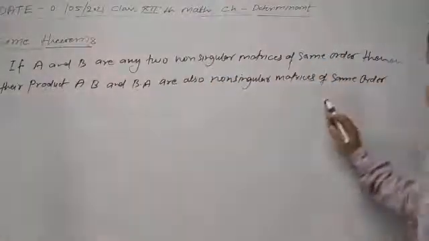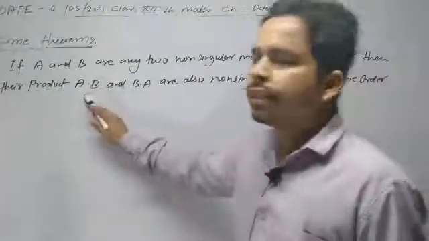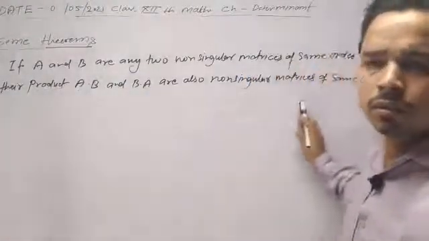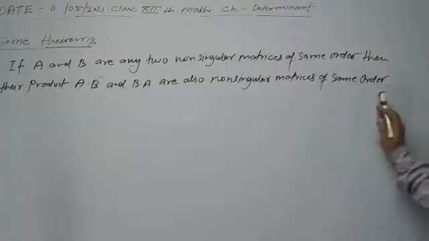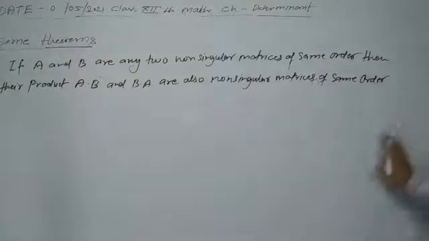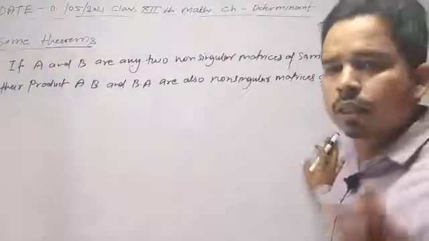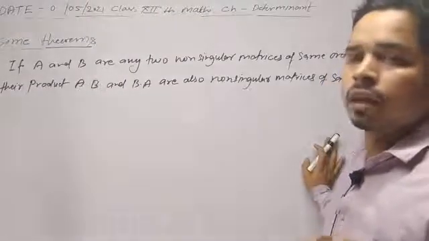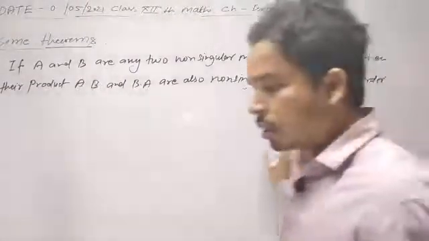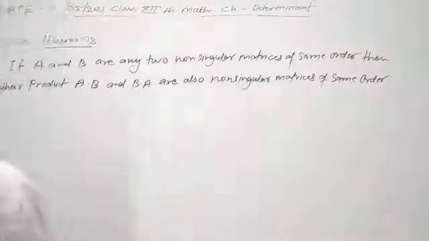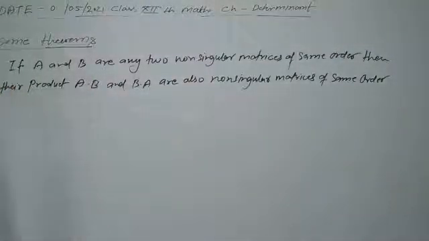Non-singular means that when you calculate their determinants, the result will not be 0. When the determinant is 0, the matrix is singular, and when the determinant is non-zero, it is non-singular.